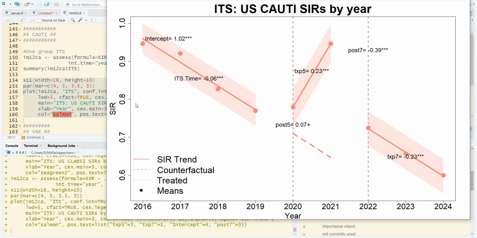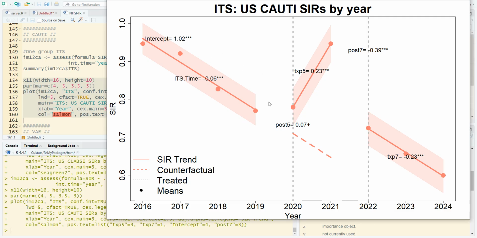Okay, so we see a similar set of trends. We see it decreasing in the baseline. It sprang up, most notably in 2021. We see that's a significant trend. It's increased a lot.